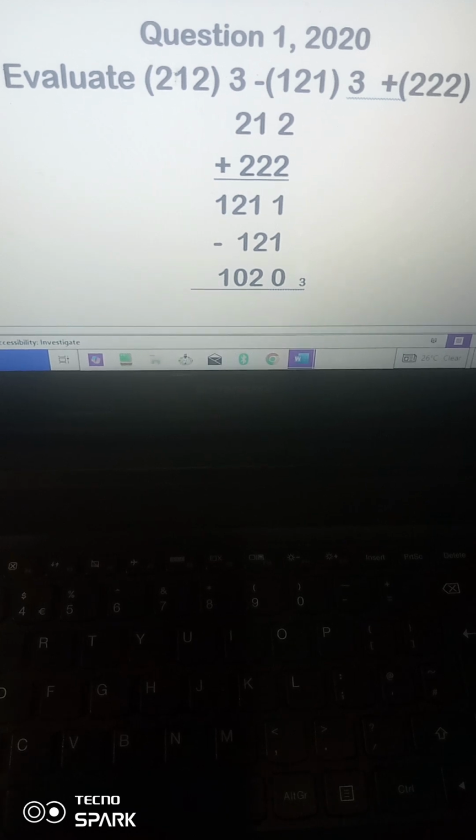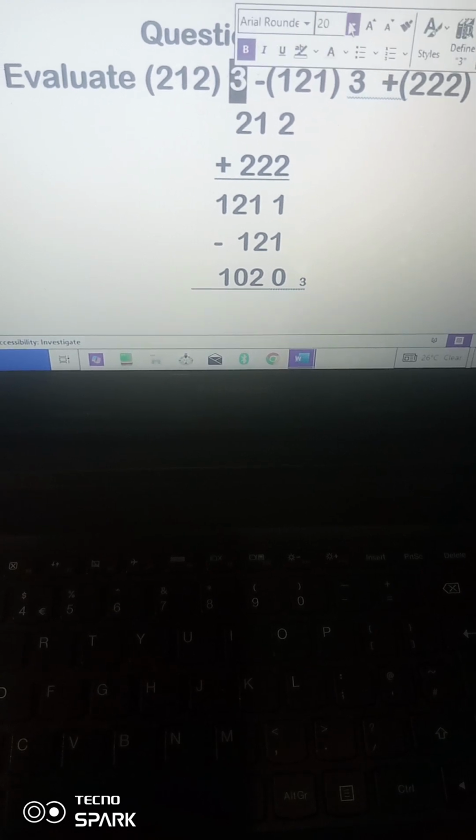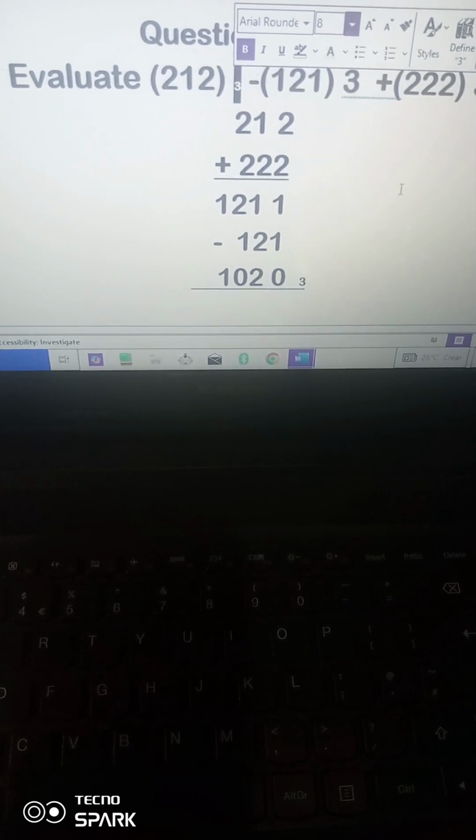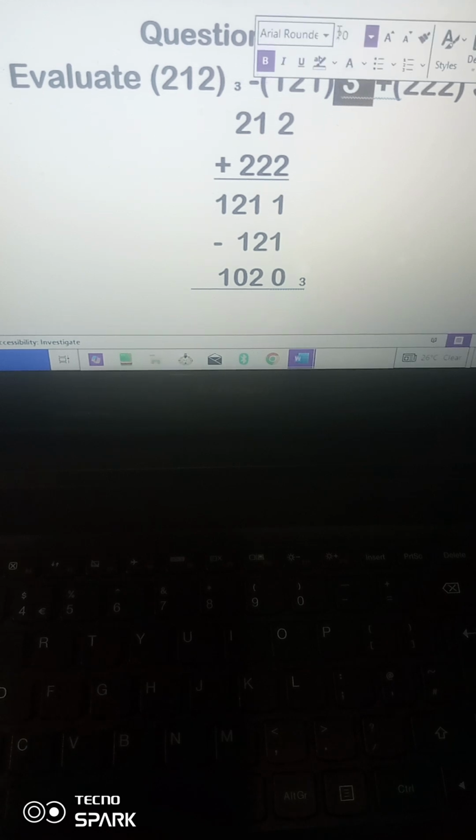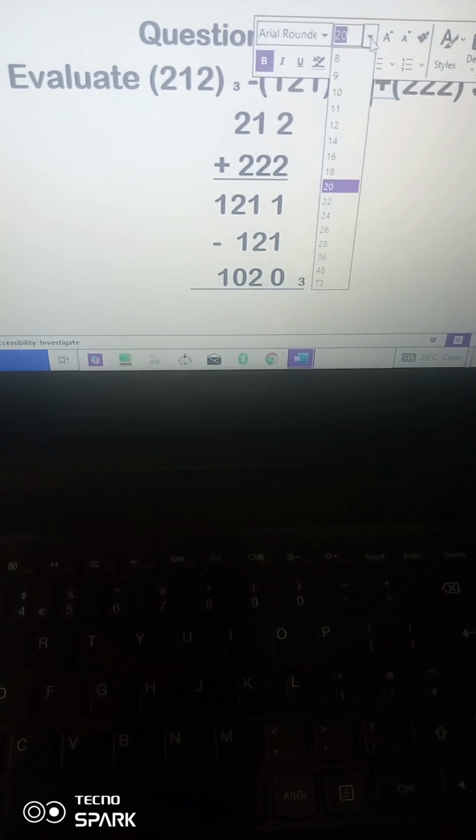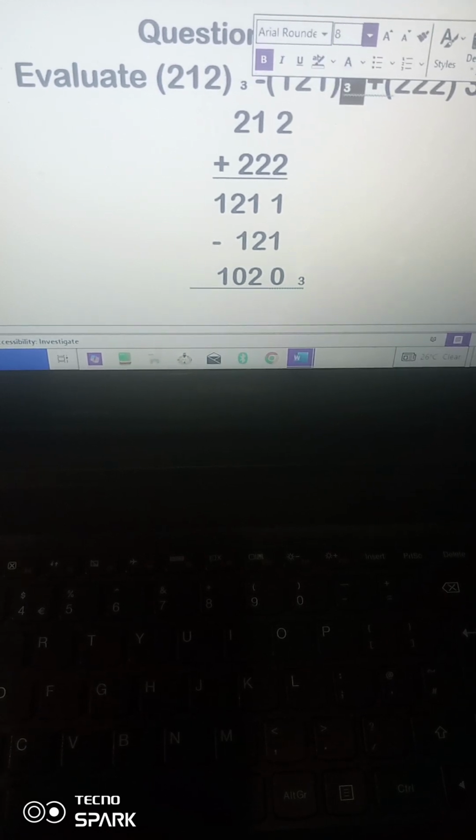Yeah, this is the question. Let me rephrase it so that you might not think that this one is a number and make a mistake as you are solving. Good. This one is a base. And also this one is a base, not a number.